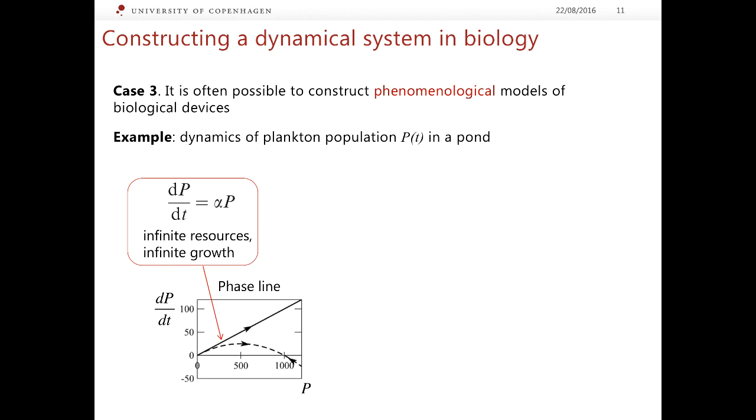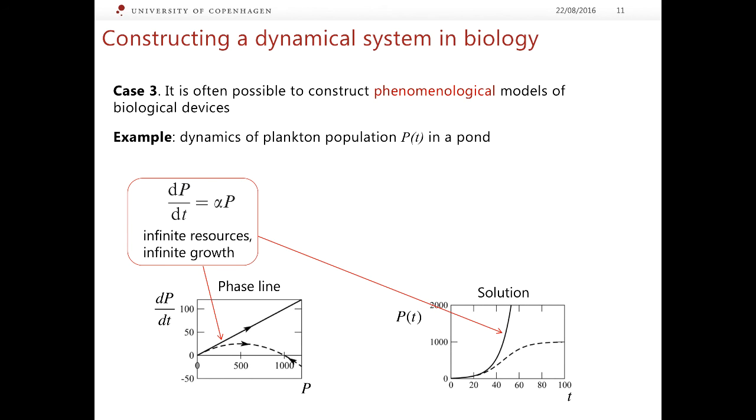It starts at 0 here and it grows infinitely. Because the equation is linear, we can solve it very easily, and the solution will demonstrate an exponential growth of this population to infinity, which is obviously not very realistic, because to support an infinitely large population we need infinitely many resources.